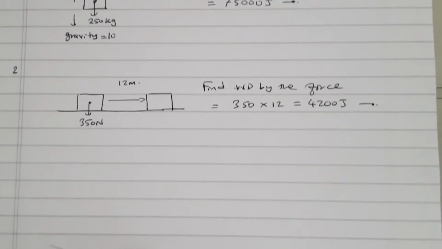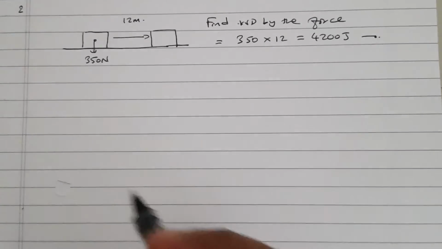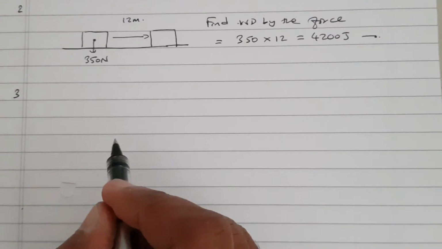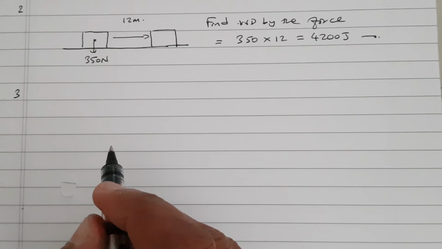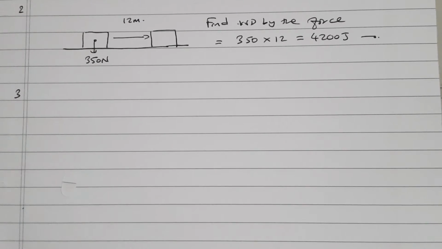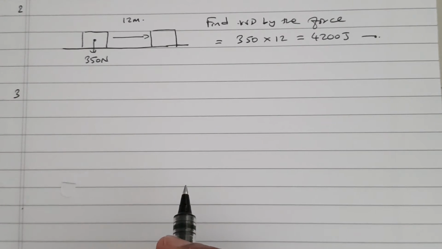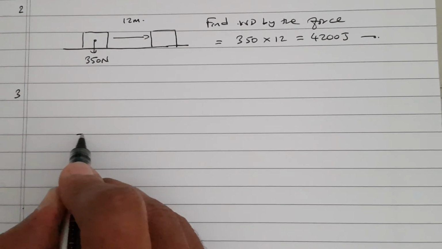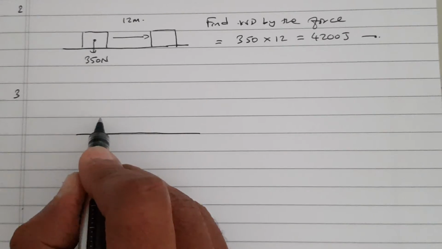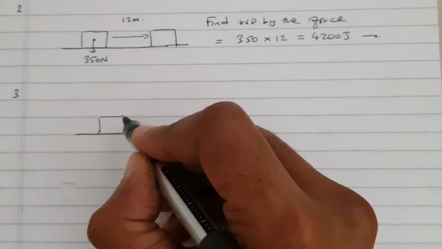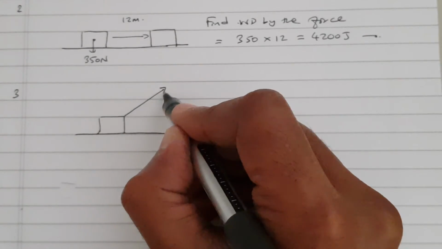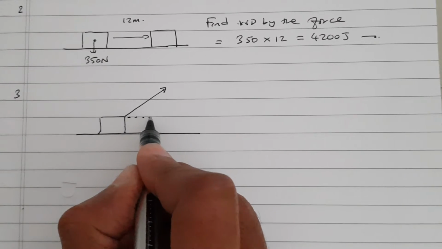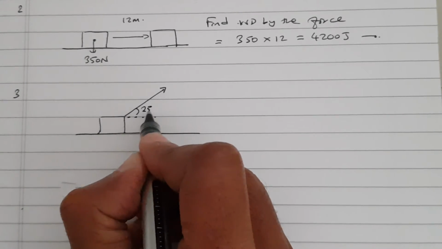Let's suppose now we have a third situation. A body of mass 40 kilograms is attached to a string making an angle of 25 degrees to the horizontal. Let's say this is the body, and there's a string attached to the body at an angle of 25 degrees.